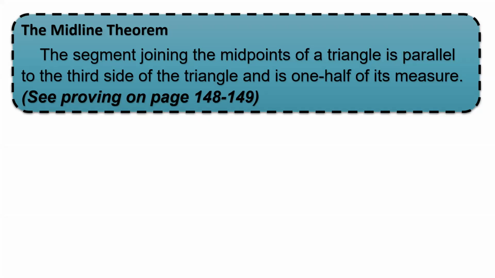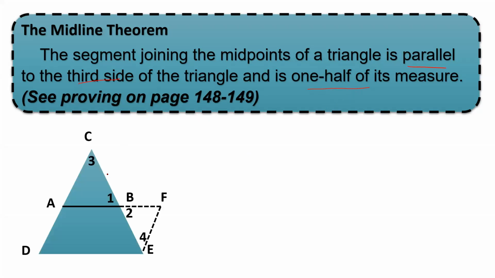Let's have the midline theorem. When we say midline theorem, it states that the segment joining the midpoints of a triangle is parallel to the third side of the triangle and is one half of its measure. So you can see the proof on pages 148 to 149. Let's have the illustration. We have here triangle CDE and the midline is AB.